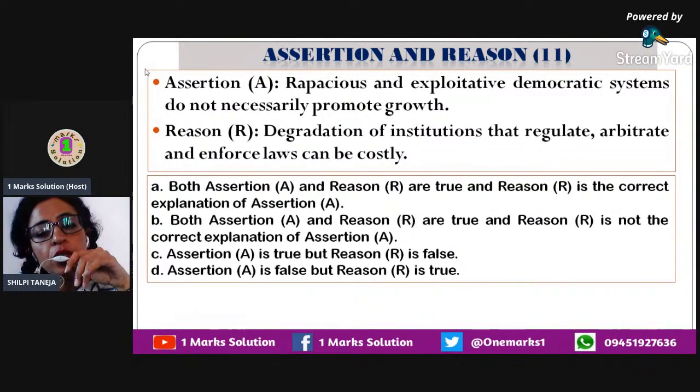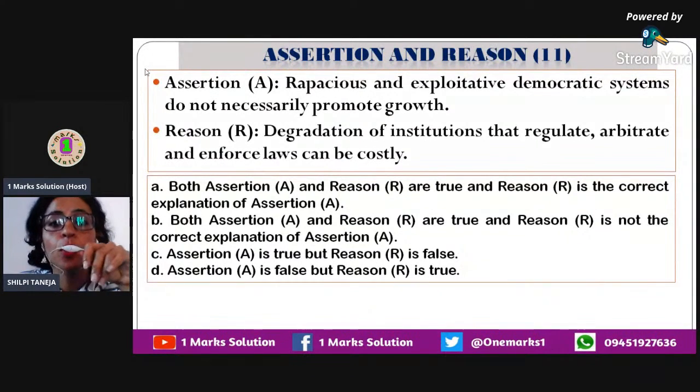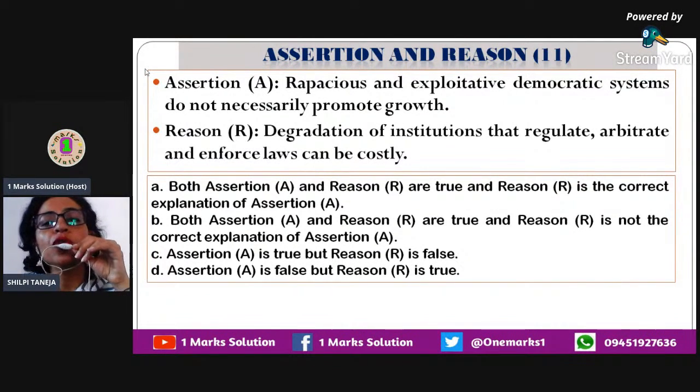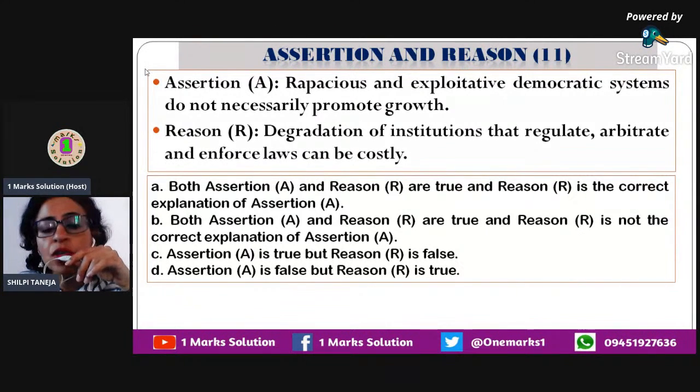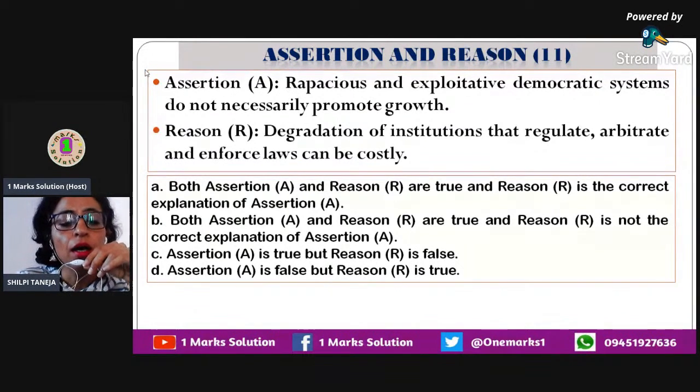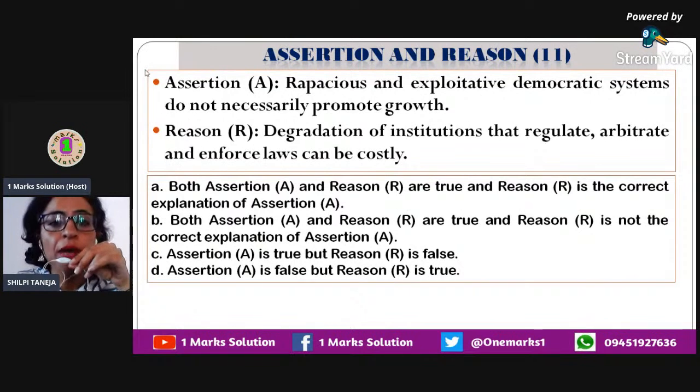Why democracy was adopted by our country? To have a proper growth in the country, because we had come out of the clutches of the Britishers, so we never wanted to give extra freedom to the private sector. That's why government had put control over the private sector, so that nobody else can again have control over the market.